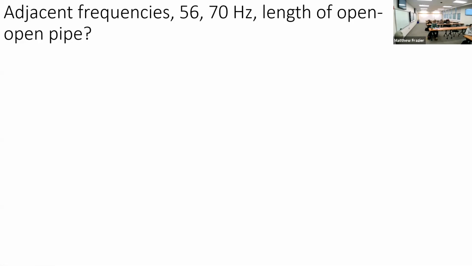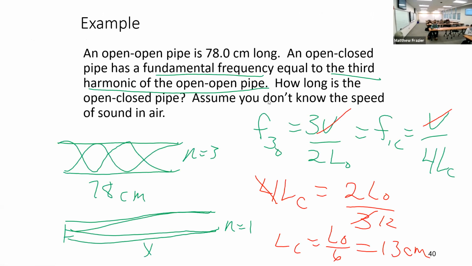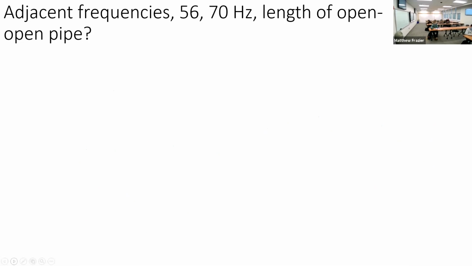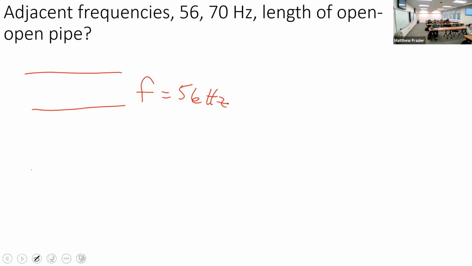You're walking one day and you walk by a culvert in the road. It's a big open pipe on both ends. One frequency you hear is 56 hertz, and then another frequency you hear is 70 hertz.